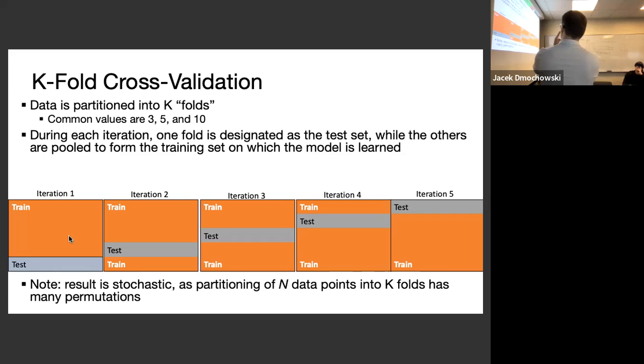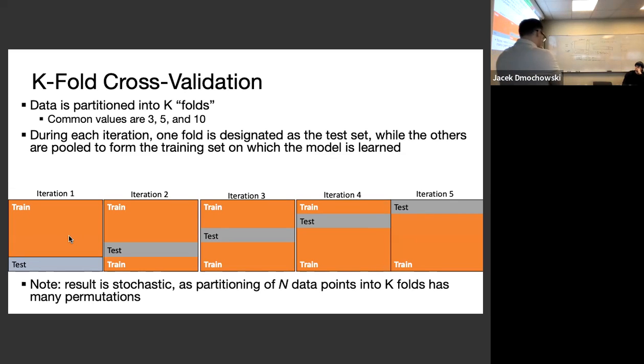That's one thing. The second thing is the proportion of training to test, right? So if you have 5 folds, then 80% of your data at every iteration is being used for training. If you have 3 folds, 2/3 are being used for training. That's a fundamental difference.